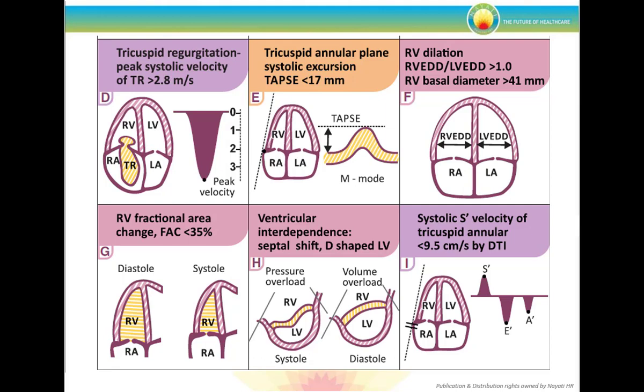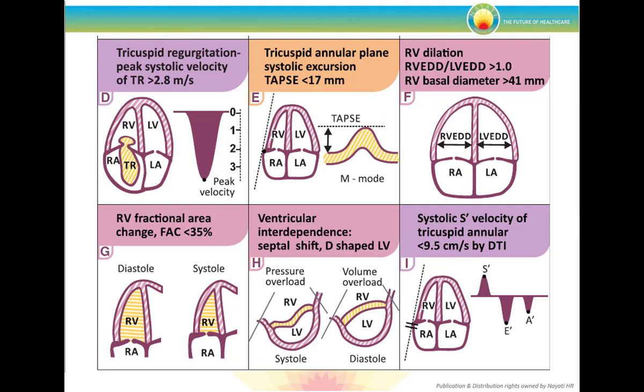Another classical echocardiography finding that we do is tricuspid annular plane systolic excursion, when you put an M mode across the tricuspid annulus and measure the vertical distance. Beware, because whenever you try to measure, you often get confused measuring the slope. Tricuspid annular plane systolic excursion is the vertical distance, not the slope.